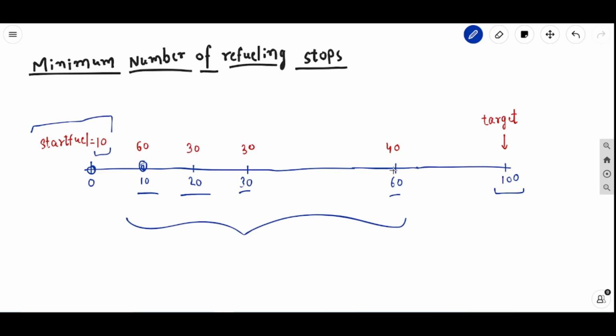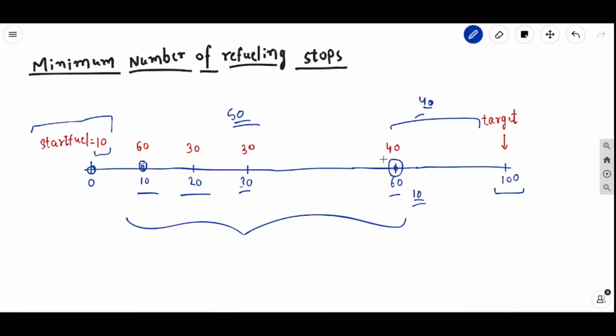So to reach position number 60, we'll consume 60 minus 10, that is 50 units of fuel. So we consume 50 units of fuel and we are present on this position. From here we still have 40 miles to cover, while the remaining gas in our tank is 10 units.